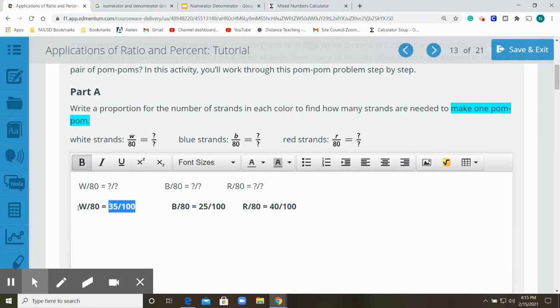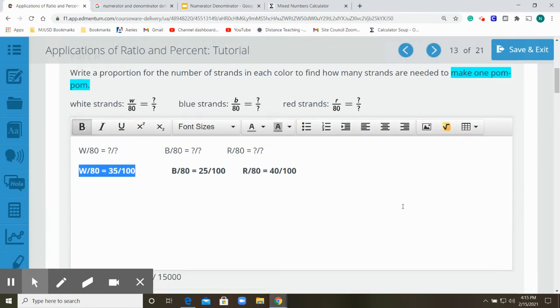So we're taking the expression and the other expression and making an equivalent equation out of it. All right. So this is a proportion for the number of strands in each color to find how many strands are needed to make one pom-pom.